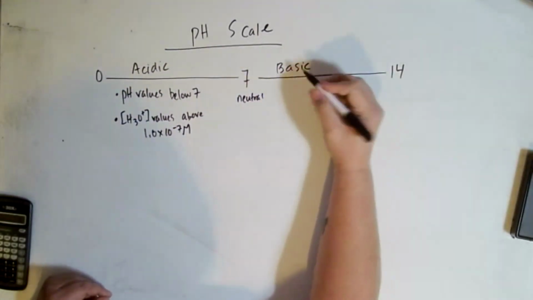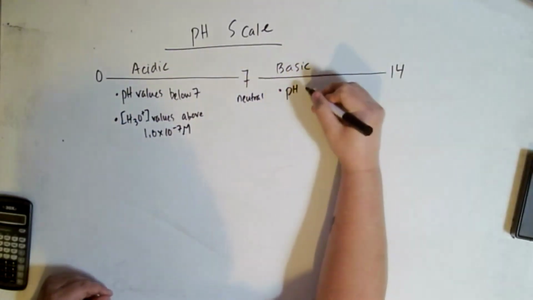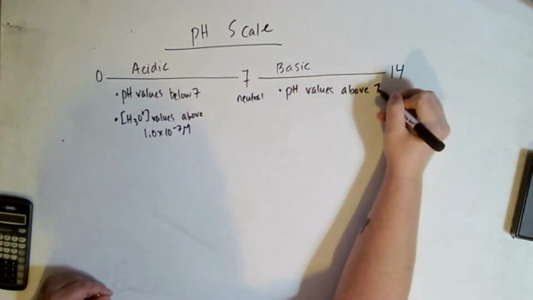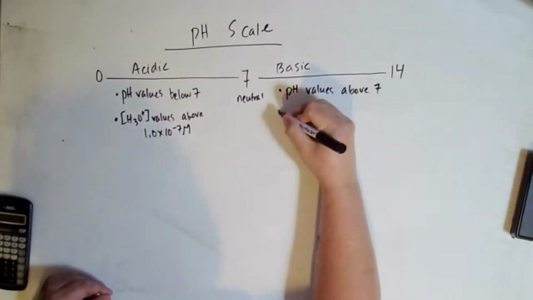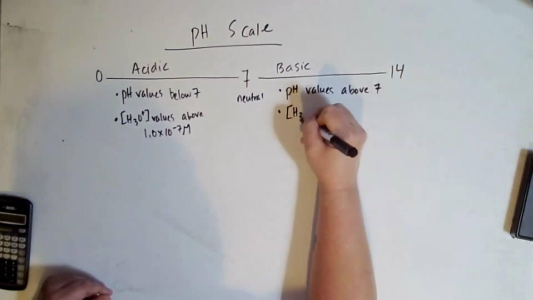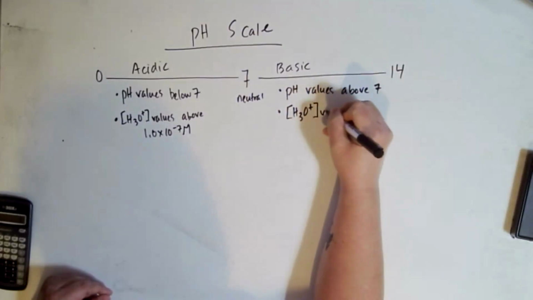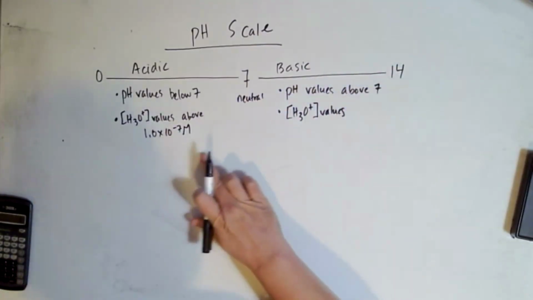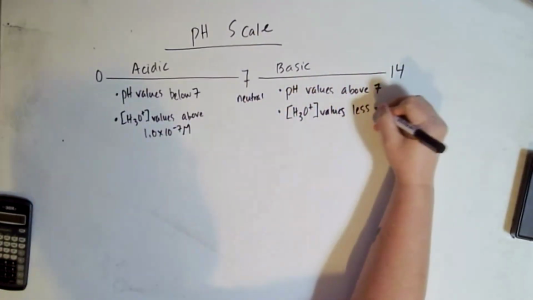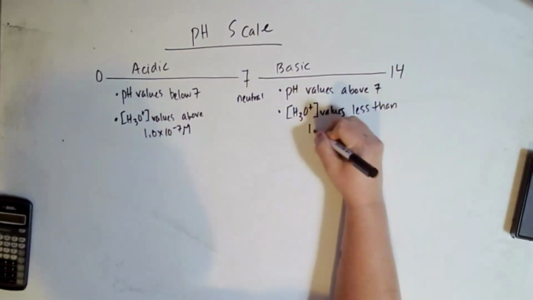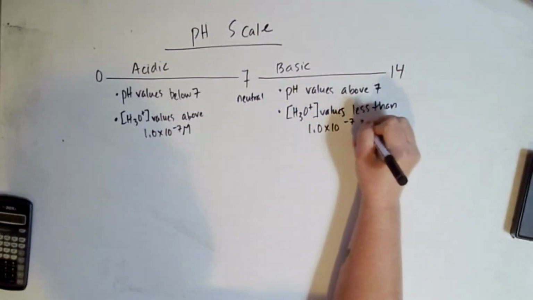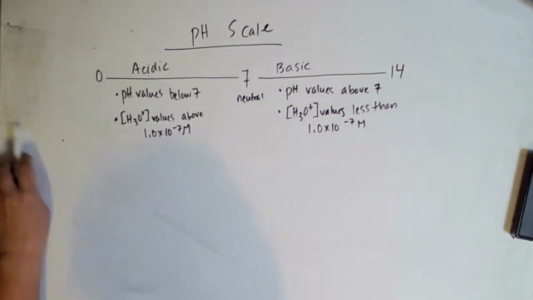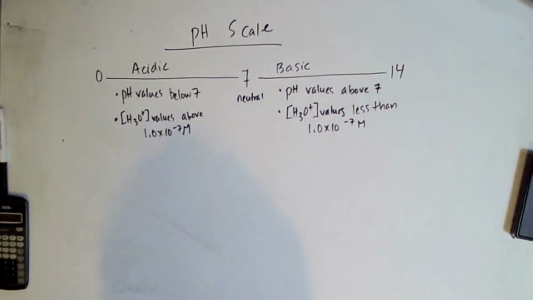When we have basic solutions, we're going to have pH values above 7, all the way up to 14. And for our basic solutions, we're going to have H3O plus values less than 1 times 10 to the negative 7. That's our breakdown of that scale.